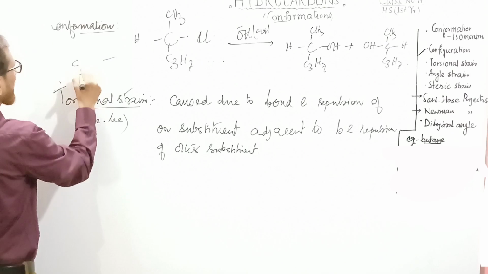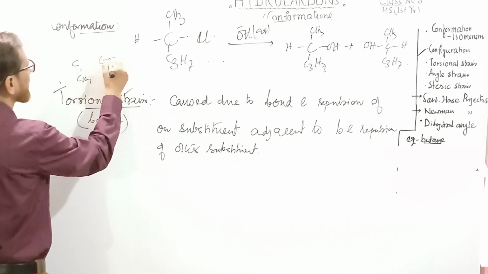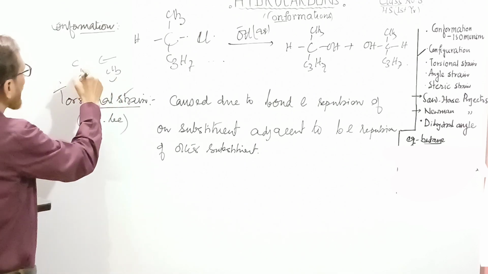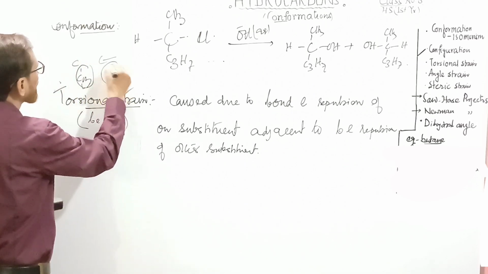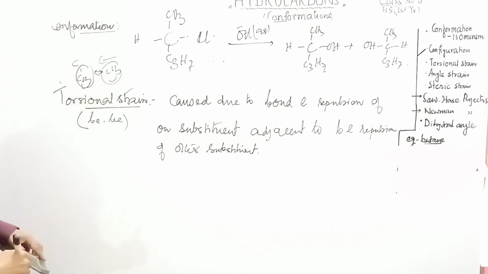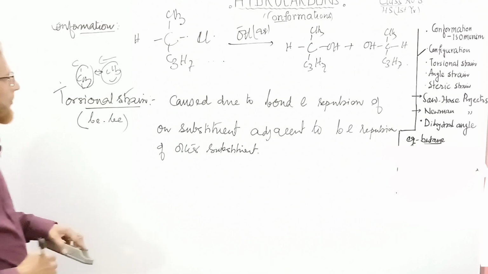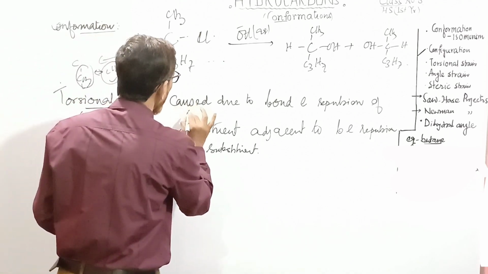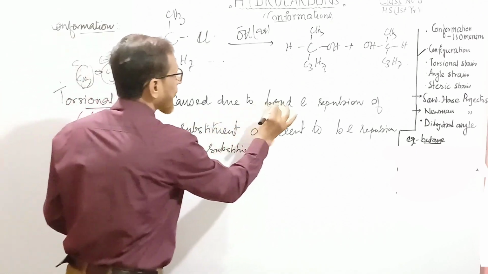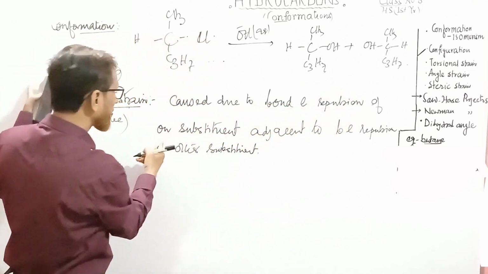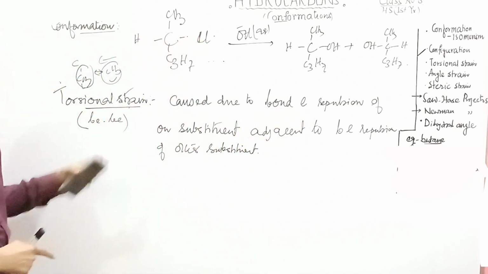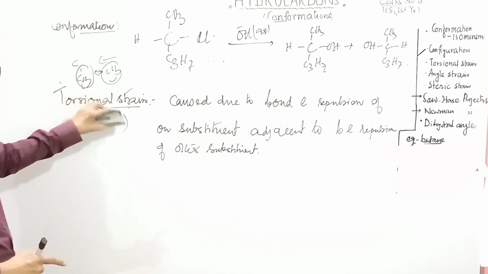Here, in carbon there is CH3, there is CH3. With carbon there are two substituents, CH3, CH3. So when there is a repulsion between the electrons of bonded atoms, the strain arising due to bond electron repulsion of one substituent adjacent to the bond electron repulsion of another substituent, that electronic repulsion gives you the torsional strain.